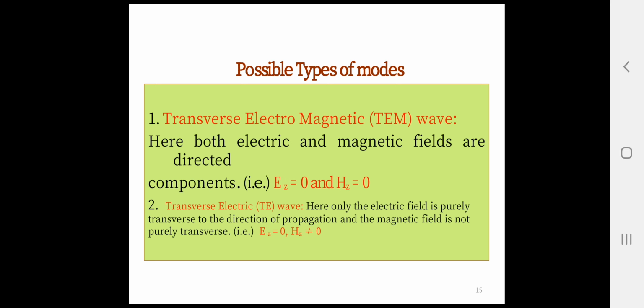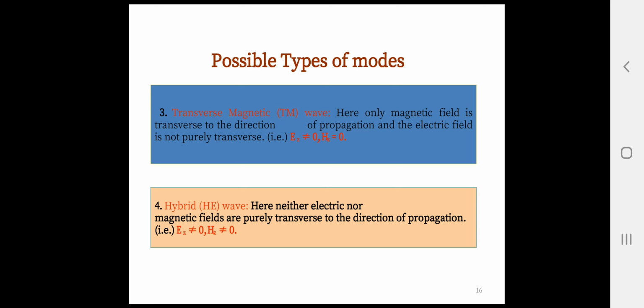That means Sz is not equal to 0, but Ez is equal to 0. Now come to the another type, that is transverse magnetic field. Here only the magnetic field is transverse to the direction of propagation, and the electric field is not purely transverse.